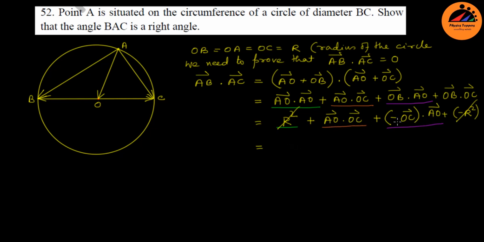So this is AO dot OC minus AO dot OC. So these two terms also cancel, and you get 0. So AB dot AC is 0. So that means angle BAC is 90 degrees. Okay.